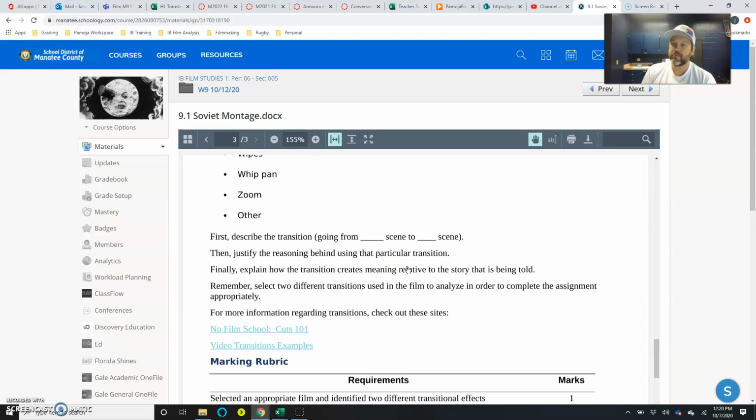Some of you, for the last couple of assignments, have been focusing on just the description. Now, describing something is very elementary in your academic and intellectual processes. These are what's called lower quadrant functioning. This is what someone that's 4 or 5 years old can do.